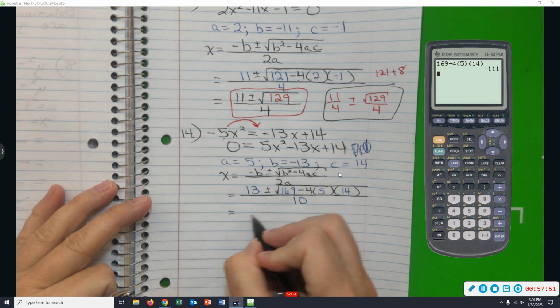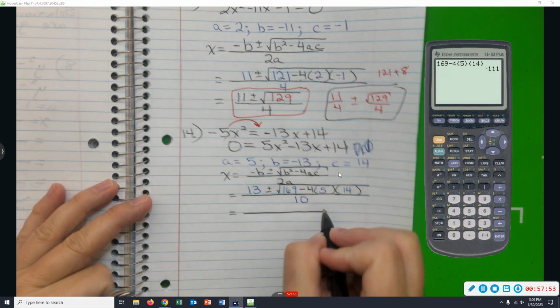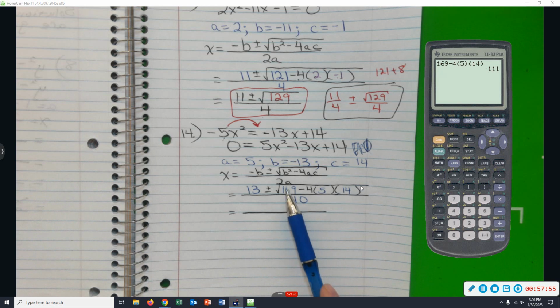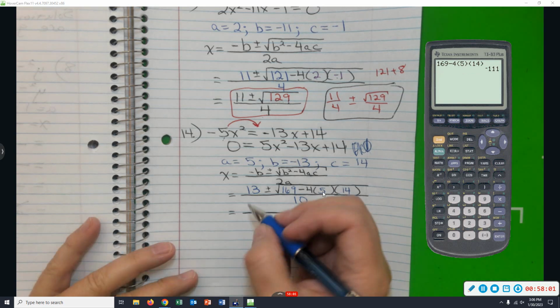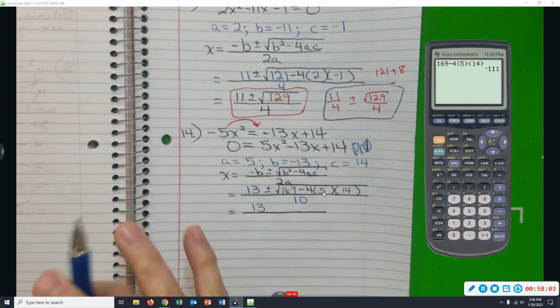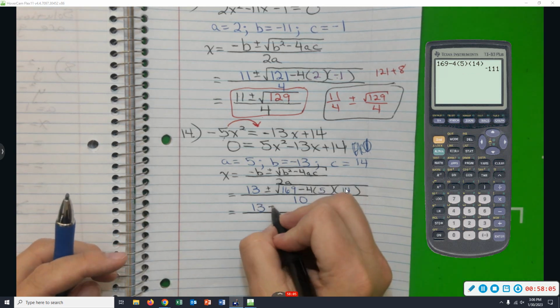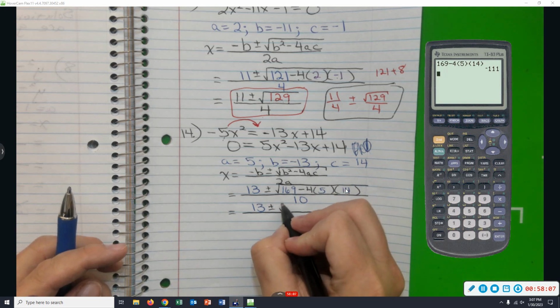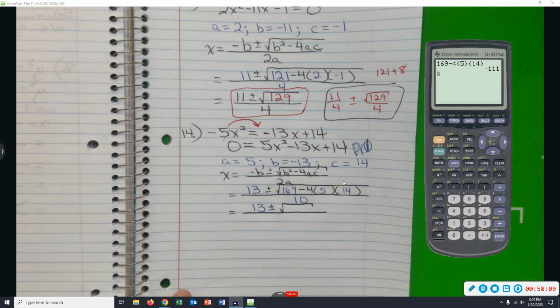Okay. Any questions with that discriminant, the thing under the radical? 169 minus 280 gave us a negative 111. Bring the I out. You're right.